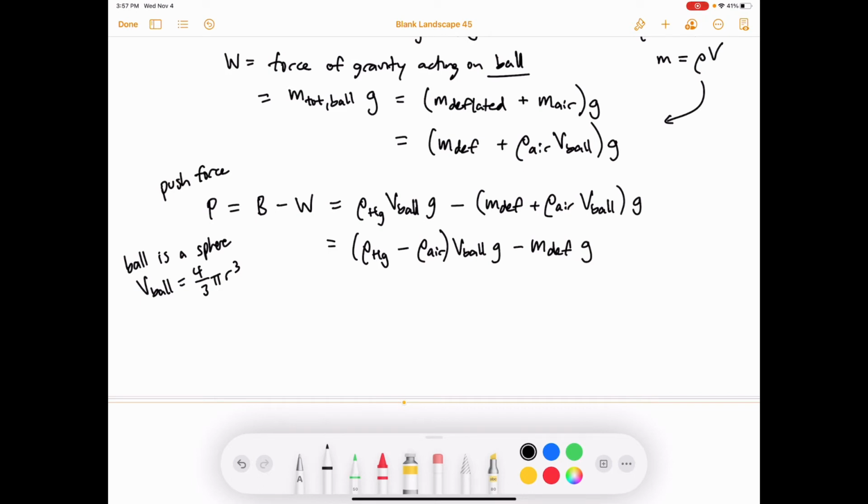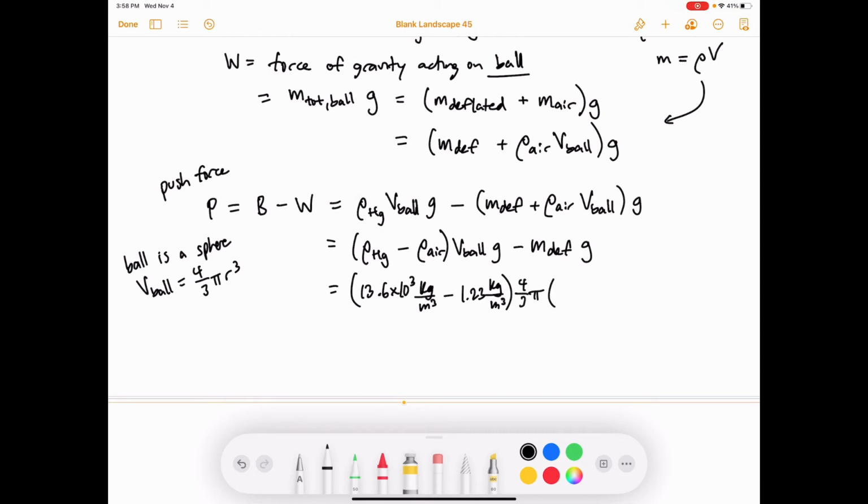Okay, so let's plug everything we know into the formula. So the push force is the density of the mercury, 13.6 times 10 to the 3 kilograms per cubic meter, minus the density of air, 1.23 kilograms per cubic meter, times the volume of the ball. That's 4/3 times pi times the radius cubed.